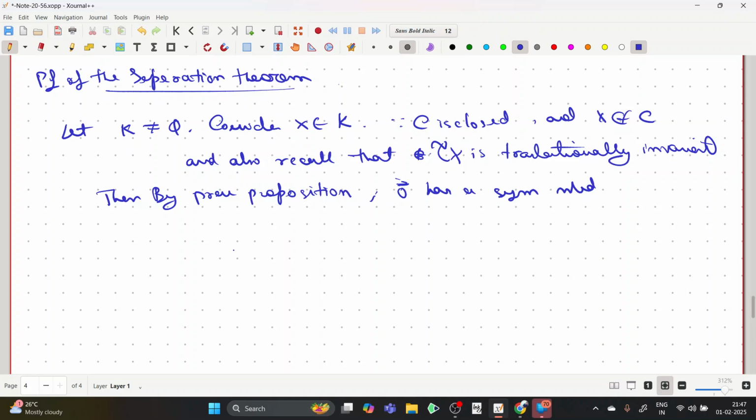So in my previous proposition, or rather I should say the previous lemma, I just forgot whether I wrote it as a proposition or a lemma, but I'm just linking towards the exact previous statement which we stated.